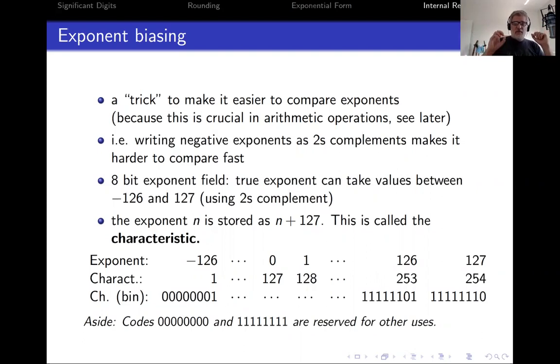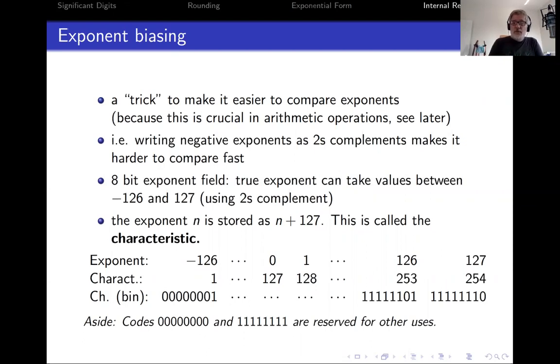For 8 bits, it'll be 127, which is 128 minus 1, okay? Now, you say there's minus 126 here. This is the IEEE standard. Minus 127 is not used, okay? So at the very bottom of the slide, you see that there are 2 sequences of 8 bits that are not used or used for something else. We won't deal with that, okay? So the exponent can be any value between minus 126 and plus 127, okay?